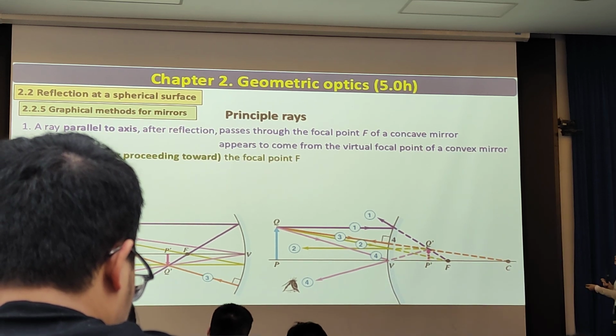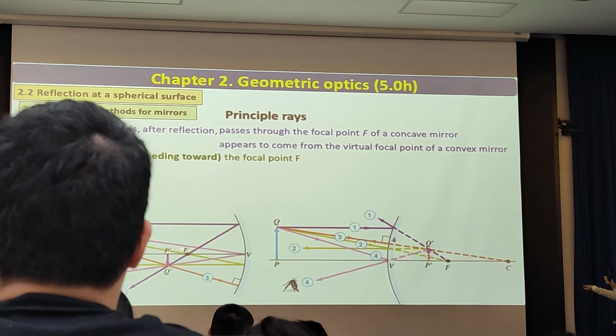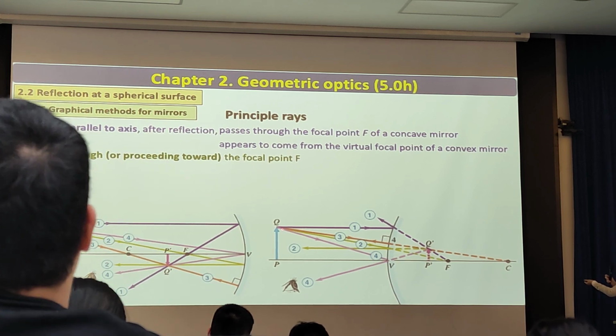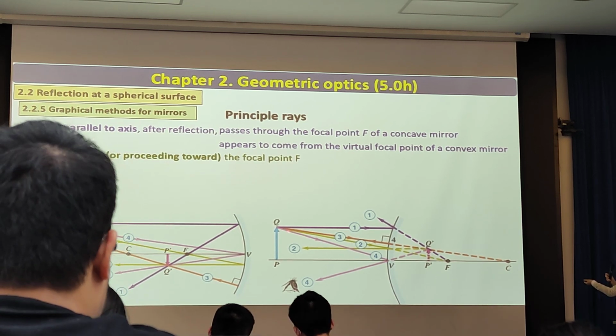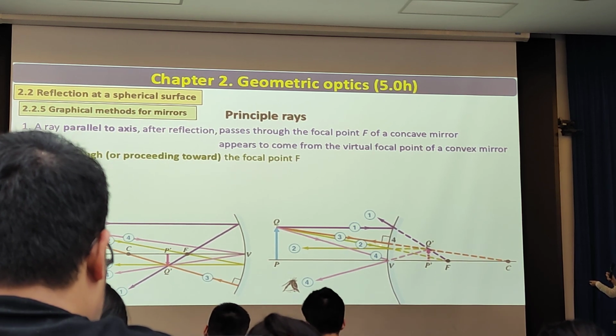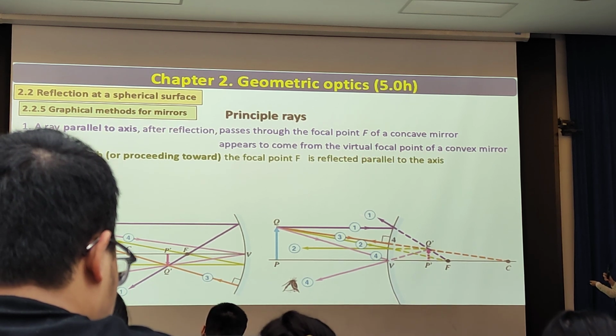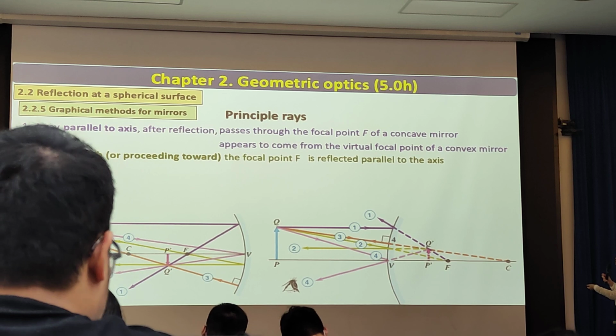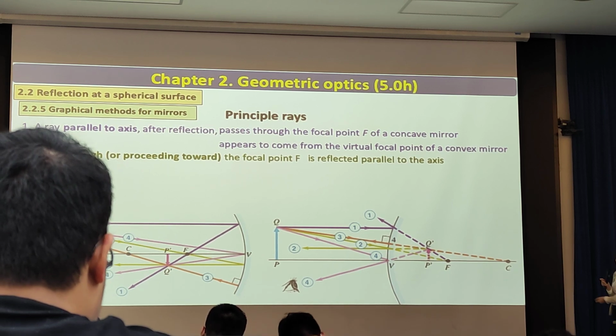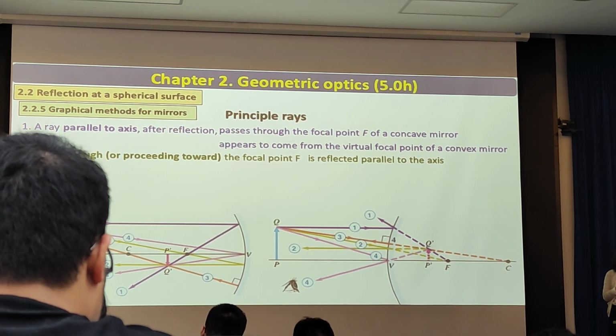The second one, a ray through the focal point. Or in the case of the convex mirror, a ray proceeding toward the focal point F is reflected parallel to the axis, the full name of which is optic axis.